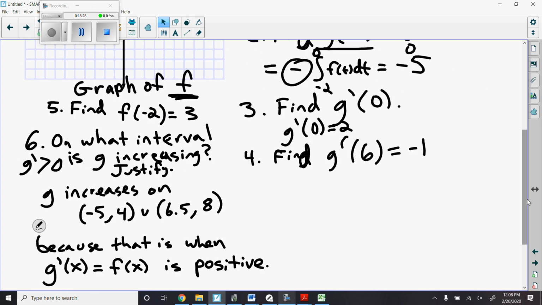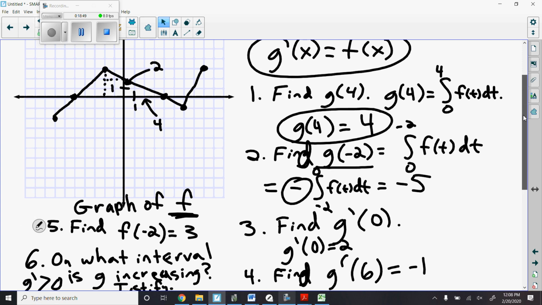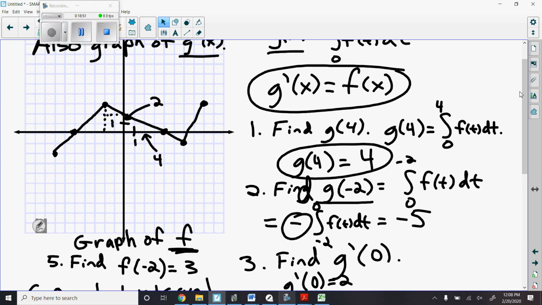Question 7. Find G double prime of 0. Now, when I look through this, I don't have G double prime anywhere.